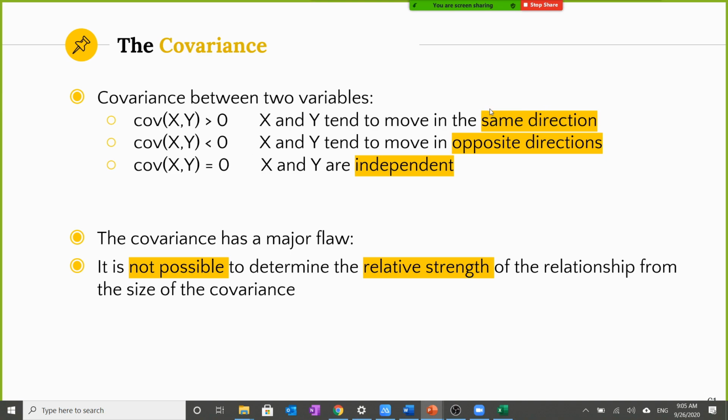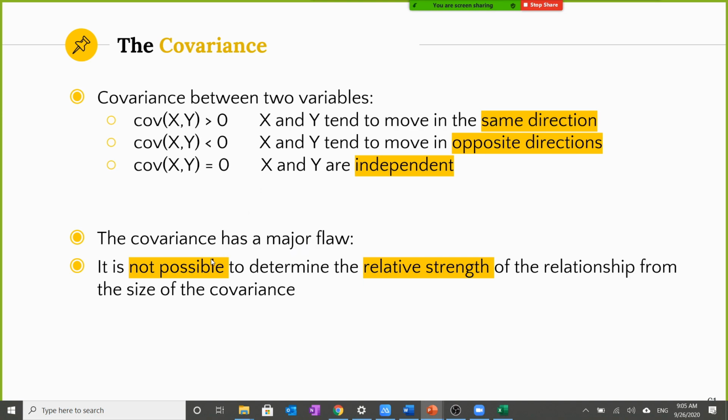If the covariance is below 0, negative, the direction is opposite: if x increases, then y will decrease. As simple as that. If 0, there is no correlation between x and y. So this is the flow of this covariance.